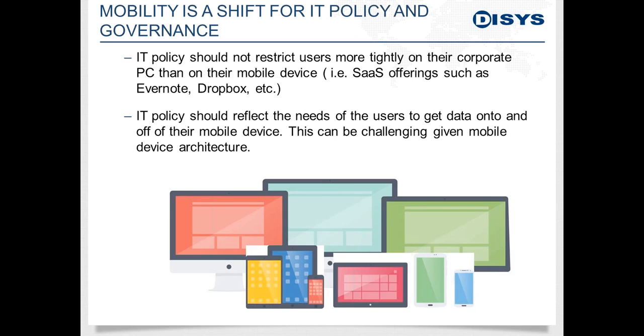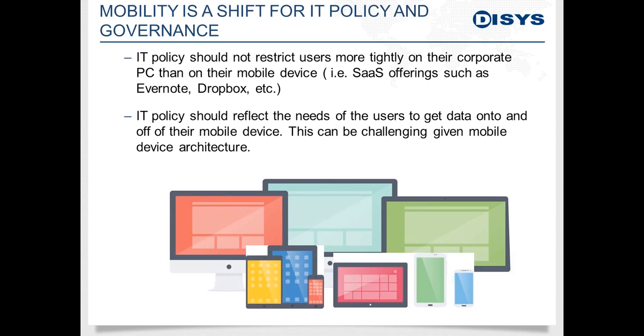Mobility is also really a shift for IT policy and governance. I'm not sure that it was completely well received. The bring your own device movement really changed this landscape for IT policy. For example, IT policy should not restrict users more tightly on their corporate PC than on their mobile device.